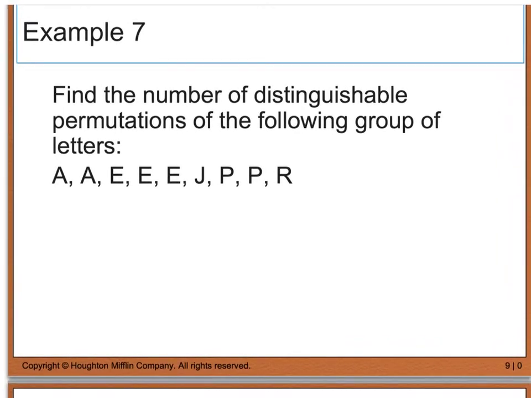So that 9 is going to go in the numerator as 9 factorial, and I'm going to divide that by the number of A's that I have, which is 2, so 2 factorial, times, I see I have 3 E's, so 3 factorial, times 1 J, that's 1 factorial, times 2 P's, or 2 factorial, and 1 R, so that will be 1 factorial.